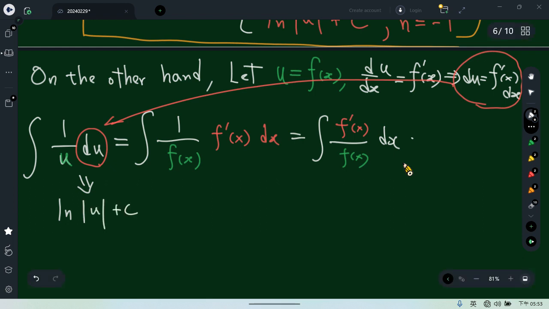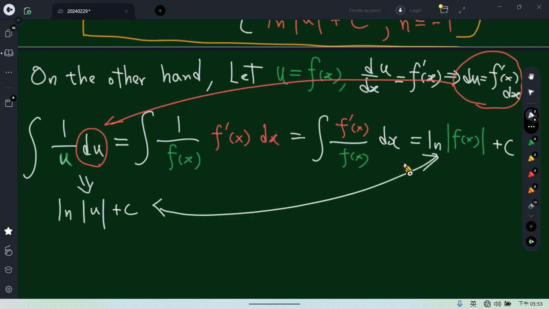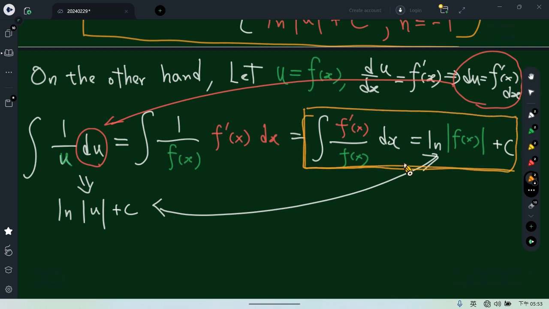So the result will be ln of f of x taking its absolute value plus c, right? So finally we can get this. This is a very important result.